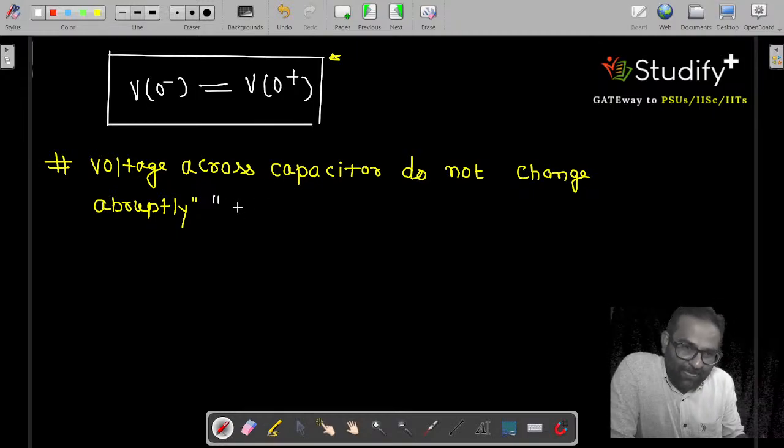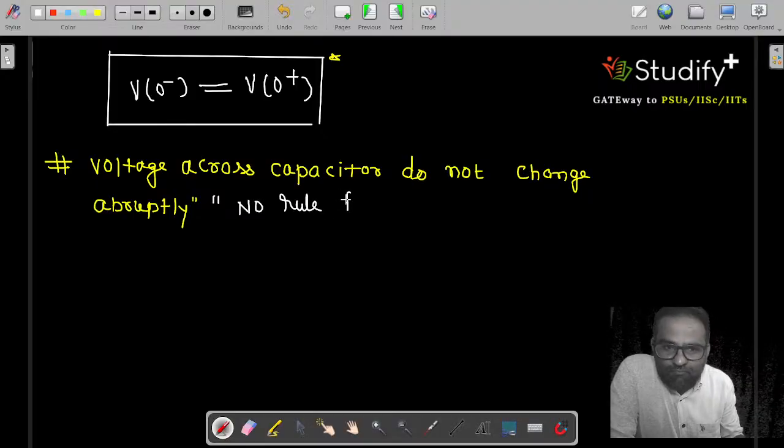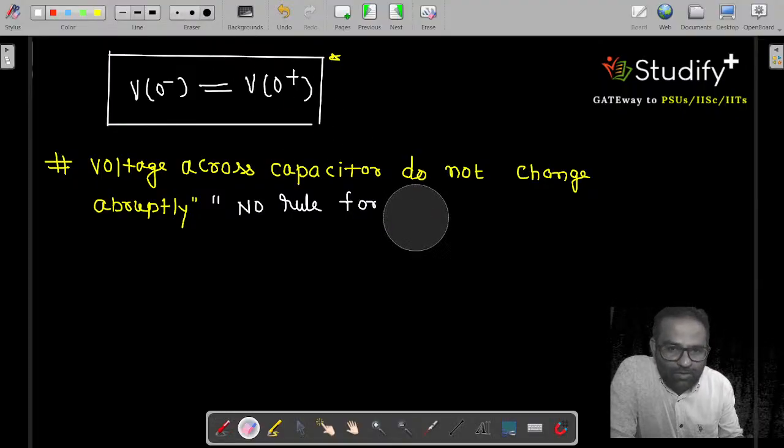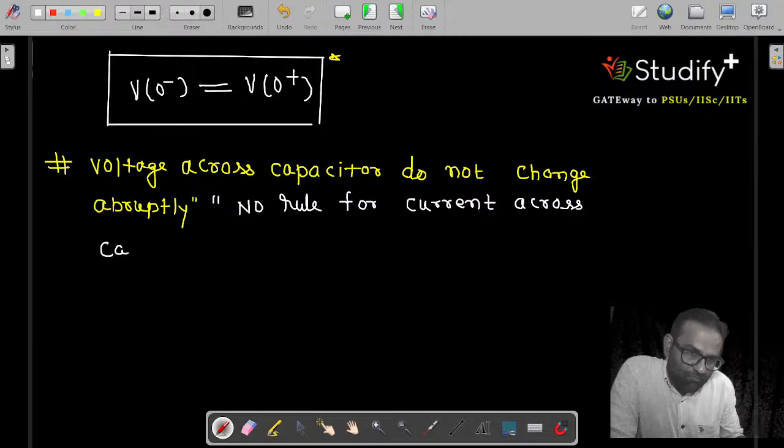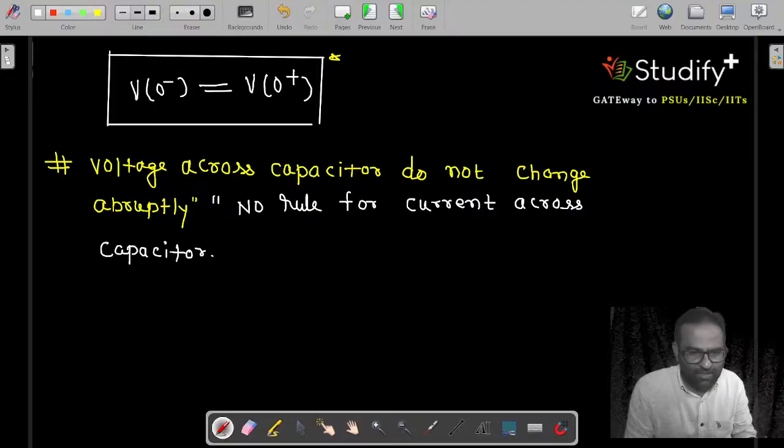The current can vary abruptly across the capacitor.